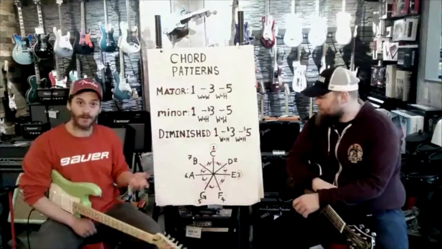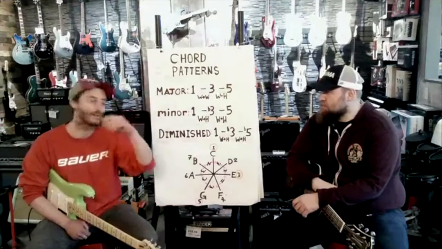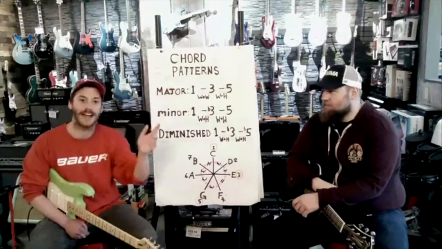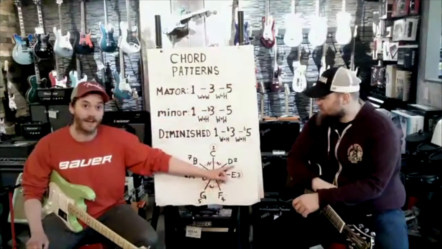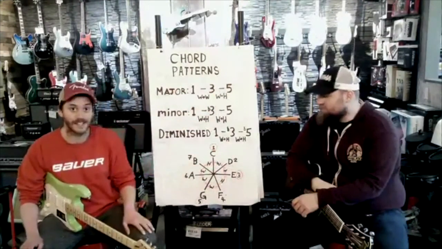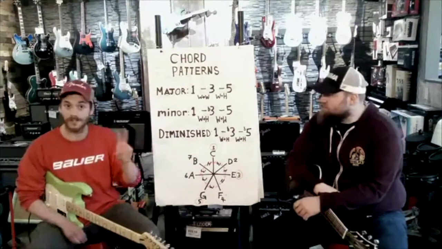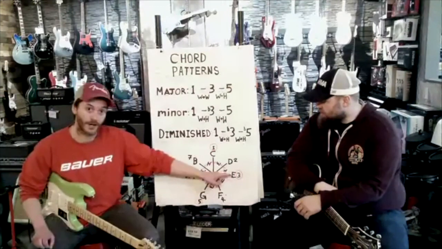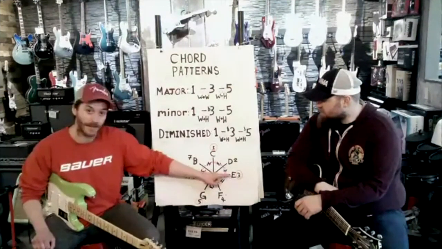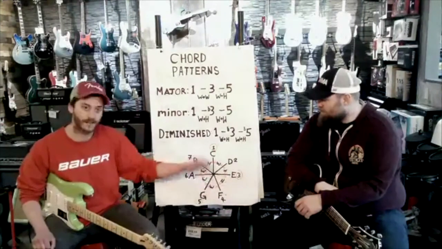Well, if you remember from our last lessons, a flat always means we're going down. So we're going to take that 3rd and we're going to half it down. So in that case, it would be an E flat or a D sharp. Remember those 2 names, same note. So a regular 3rd for the C major is an E. When we flat it, we don't have it here, but we'll see it on the next page.